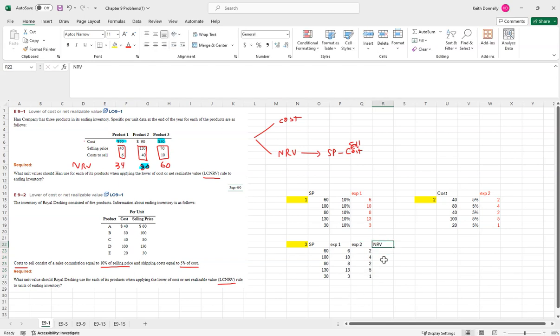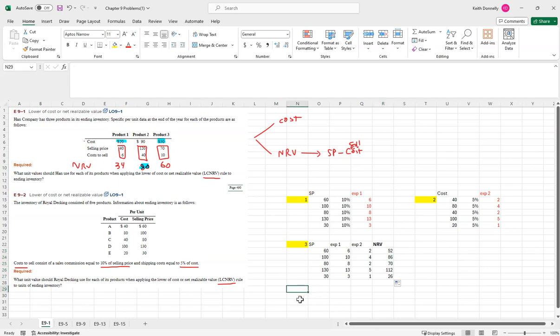That will give us our NRV. In other words, the selling price minus expense 1 minus expense 2, there we go. That little formula right there is just this guy up here. We can carry that down, okay?